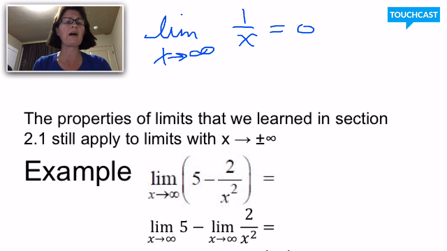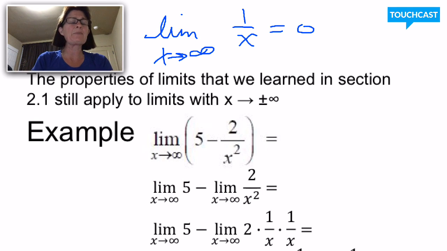Here I want to simplify the limit as x approaches infinity of the quantity 5 minus 2 over x squared. The limit of a difference is the same as the difference of the two limits. So my first step is to rewrite that as the limit as x approaches infinity of 5 minus the limit as x approaches infinity of 2 over x squared.